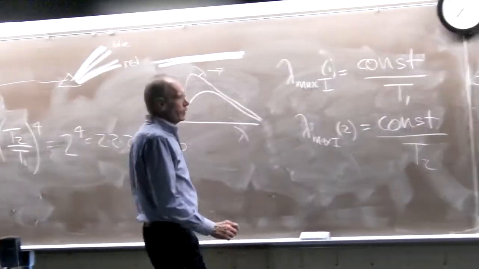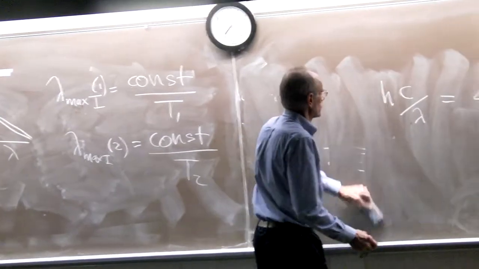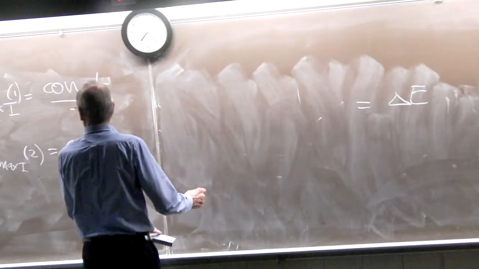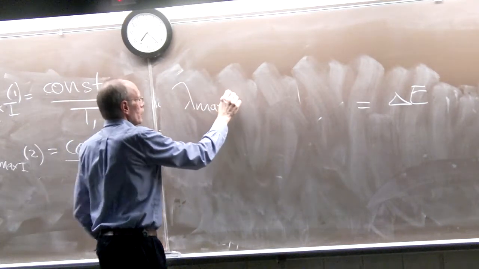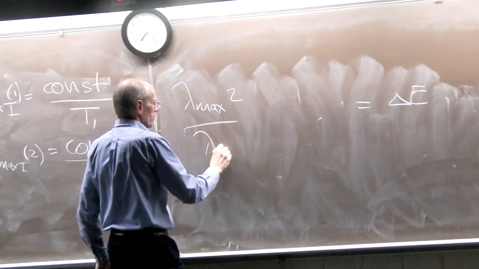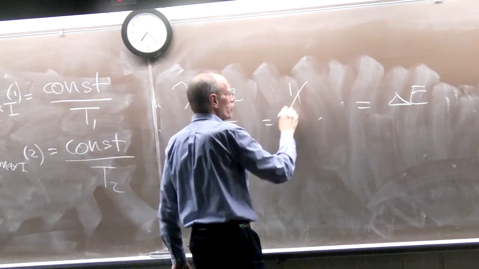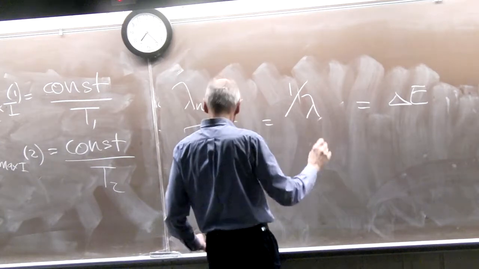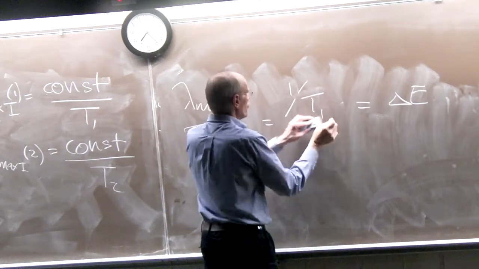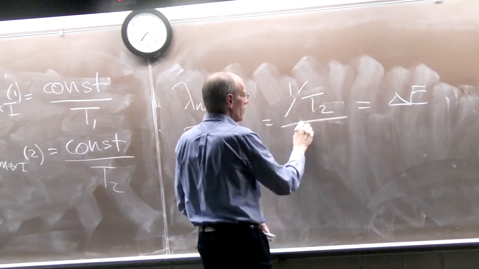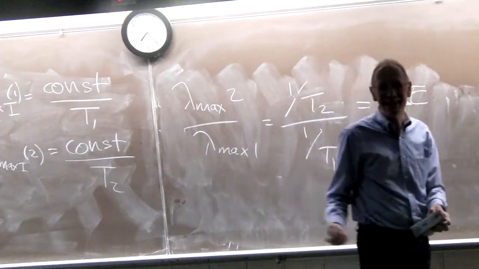And it turns out that if we keep going through the arithmetic, lambda max 2 over lambda max 1. The constants are going to divide out, so it'll be 1 over T2, divided by 1 over T1. Right, because the constants will cancel out again.